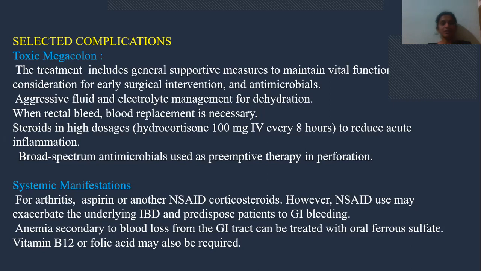As we already said in the etiology, NSAIDs exacerbate and are a reason for causing inflammatory bowel disease. But here we have to use them, so we'll reduce the dose. Also we have to check for any GI bleeding, because NSAIDs decrease prostaglandin production, so the mucous lining will be ruptured, and there is a chance of bleeding even in the upper GI tract.